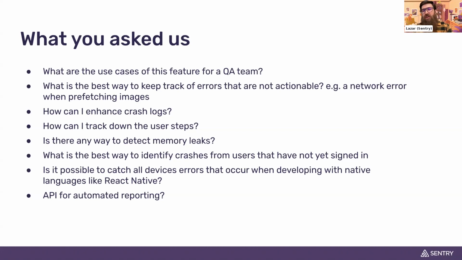How does that work if the code owners' usernames are not the same as the Slack, Jira, etc.? And this is for the automatic issue assignments, I believe. Yep, got it. So how the code owners integration works is you basically map the Sentry user to the GitHub user.